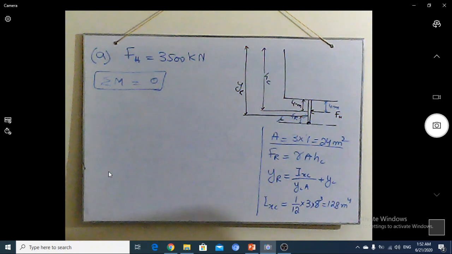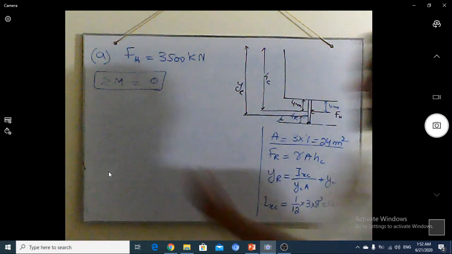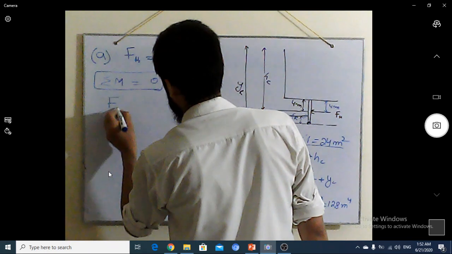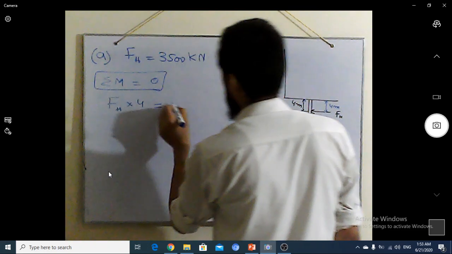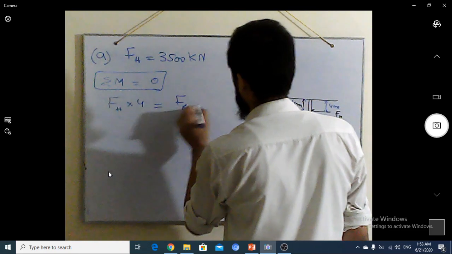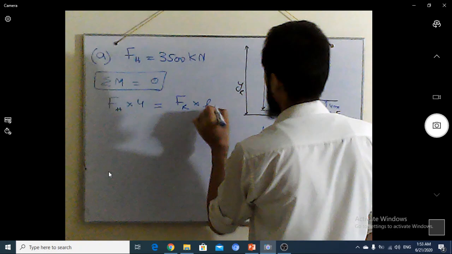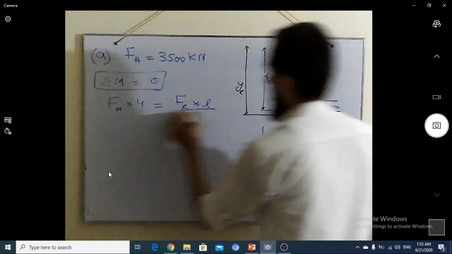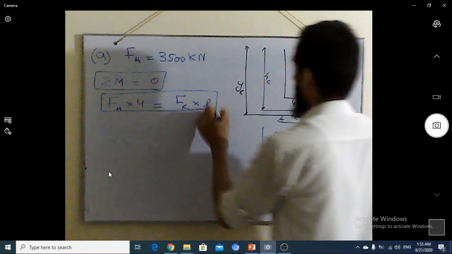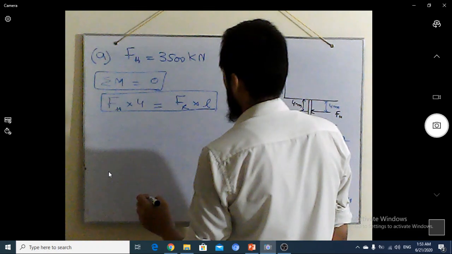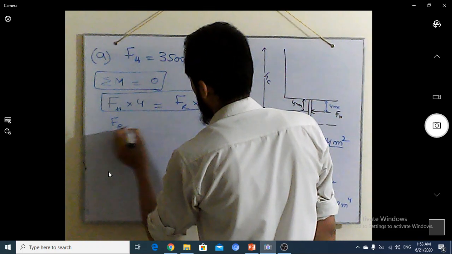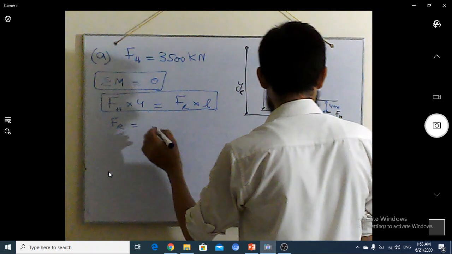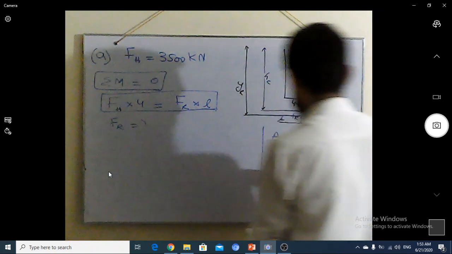So we can write an equation here as FH multiplied by 4 equals FR multiplied by L. This is our main equation, and we know the value of FH, but what's the value of FR? For that we need to determine the specific weight.